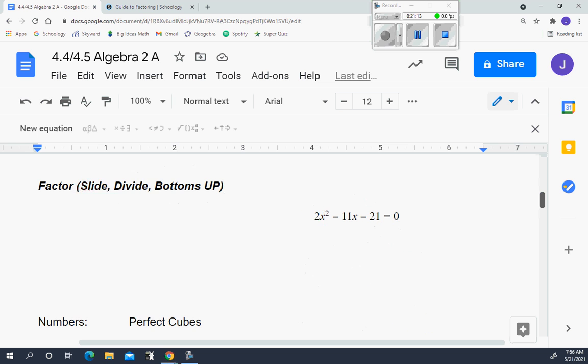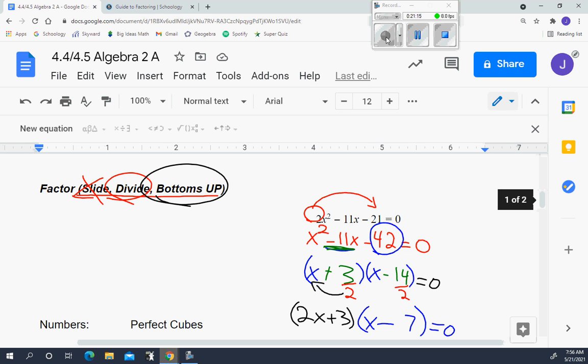It's not going to help, it's not going to move. What I have to do is set both of these equations equal to 0. 2x plus 3 equals 0. Subtract 3, divide by 2, x equals negative 3 halves.